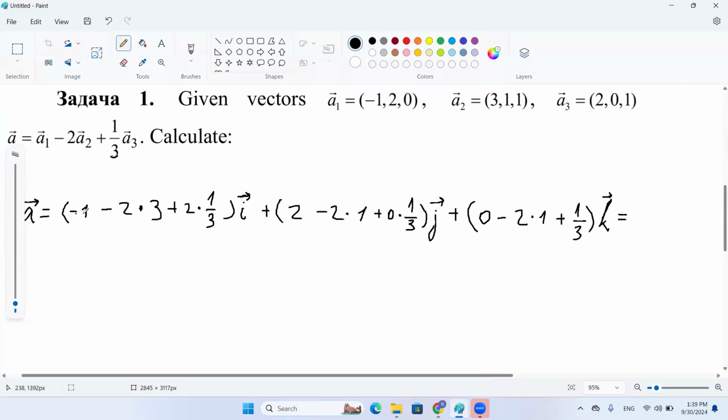So -6 plus 2/3 will be minus 5 and 1/3, i, just plus 0j, and minus 5/3 k.